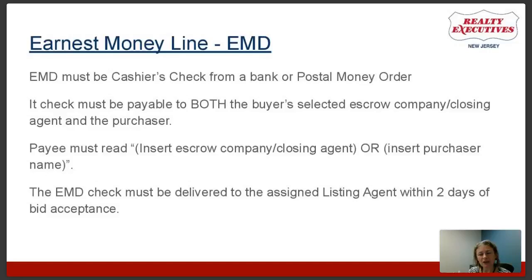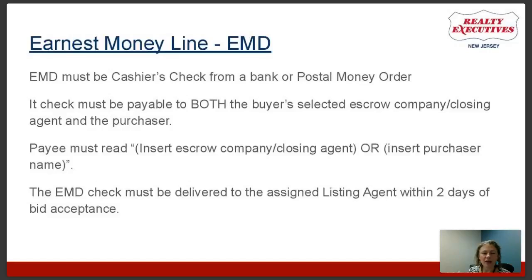Typically, either the attorney who will be closing the transaction, or the title company, as well as the purchaser. The word "or" needs to be included so that either the title company can cash the check or deposit the check in the event of a closing, or the purchaser can cash the check in case the property transaction was rejected after the acceptance.